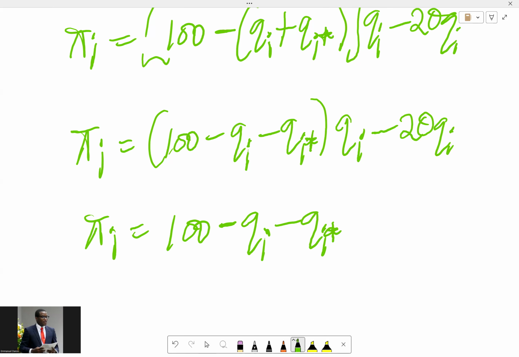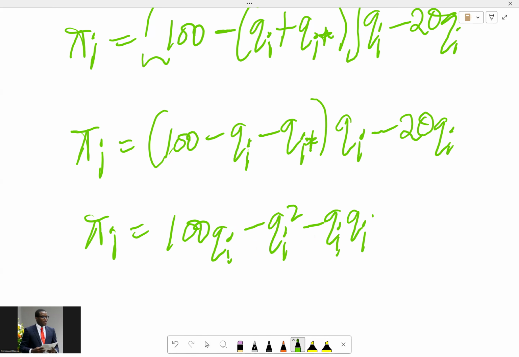We have to multiply through by Qi. So this is 100 Qi minus Qi squared minus Qi times Qi star, then minus 20 Qi.